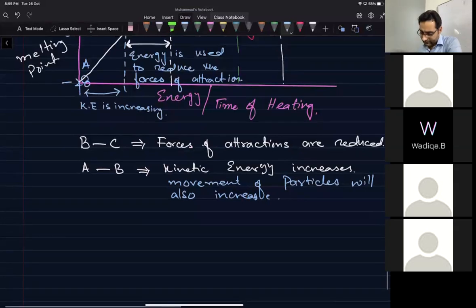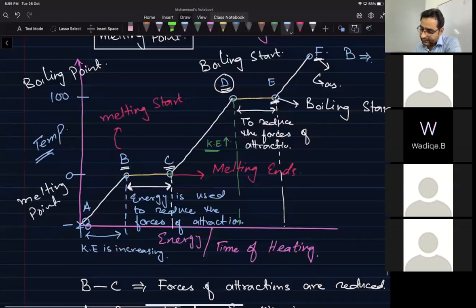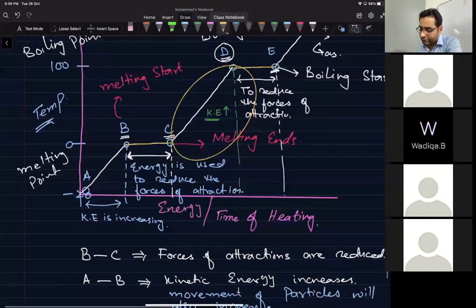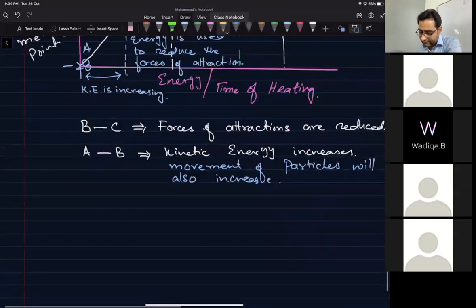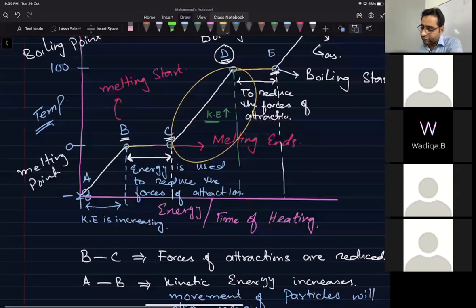And next part is between C and D. Again, between C and D temperature is increasing. If temperature increases, it indicates increase in kinetic energy. And between D and E, temperature is constant.